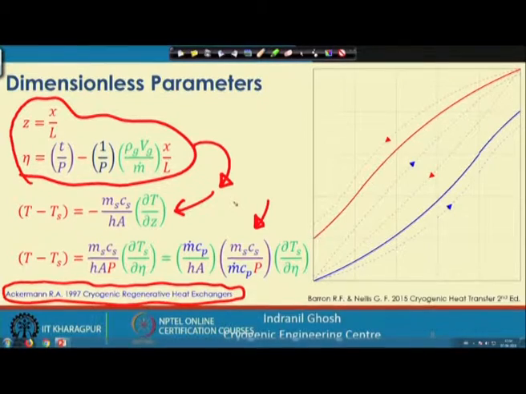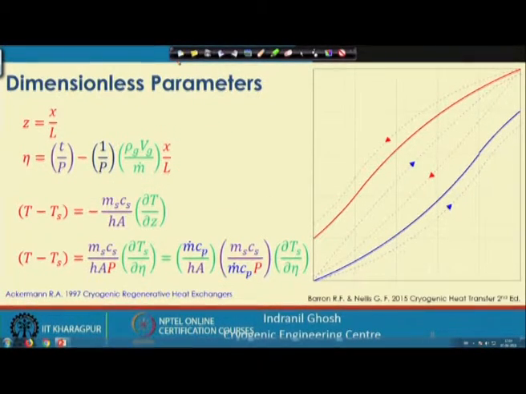But if we look at this solution of an ideal regenerator, we find, at the beginning and at the end of the cycle, how the cold fluid or the matrix temperature varies with distance.